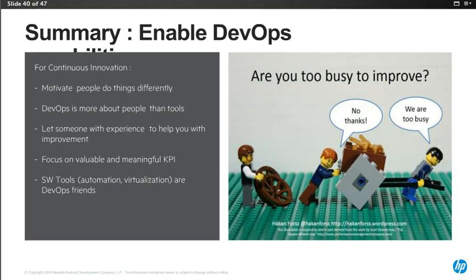Next, what I would like to mention in the summary slide is to let someone with experience help you go through this improvement or transition project, because people with a proven track record with this implementation can help you avoid the situation where you start with enthusiasm some changes towards DevOps, and you will be dissatisfied and people will be exhausted by the wrong ways.